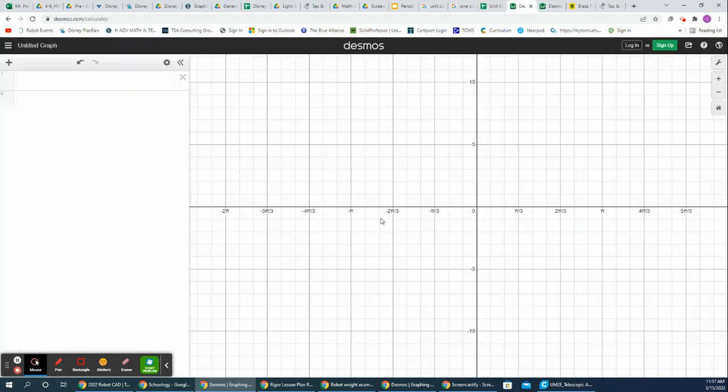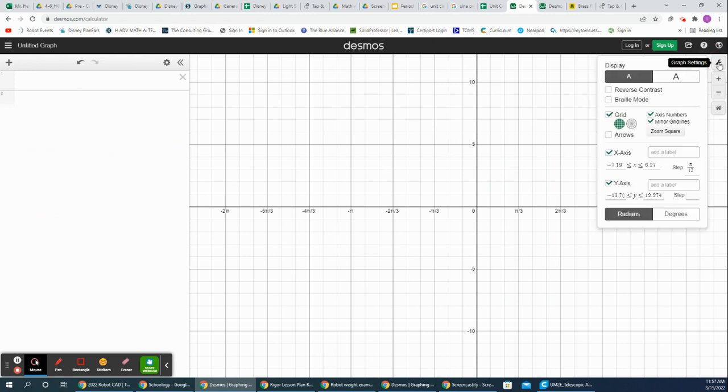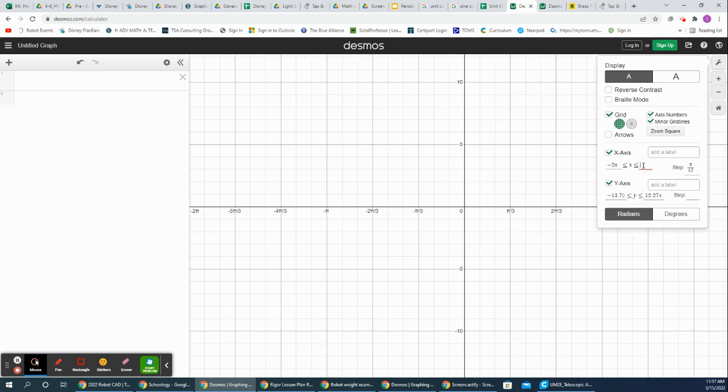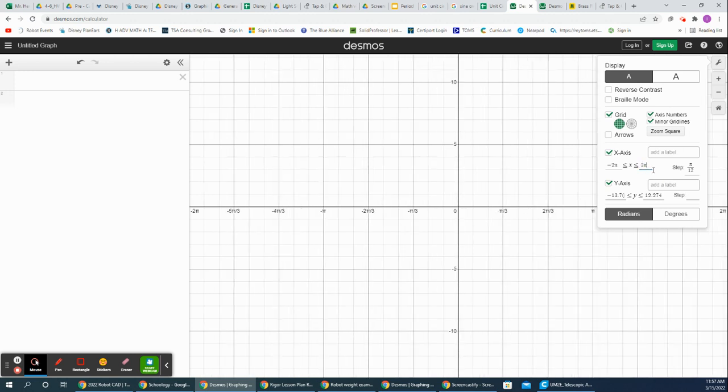All right, so in order to graph, we got to get our x-axis and y-axis ready. So just go ahead and click on graph settings. For the x-axis, let's do from negative 2 pi to 2 pi, and the step we're going to do is pi over 12.